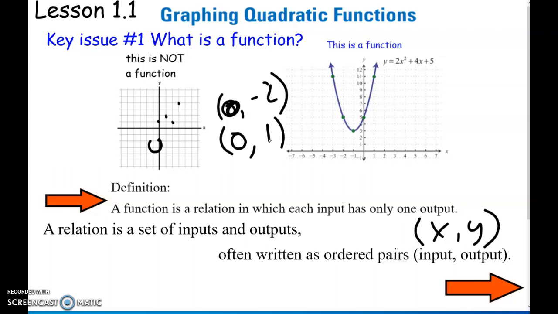That's not a function because every time I put in that quarter, I should get out the same candy bar. When I pull that lever to get the candy, I want to make sure I get the same candy. So this doesn't work. It's not a function. For every input that you put in, you have to get out the same output.